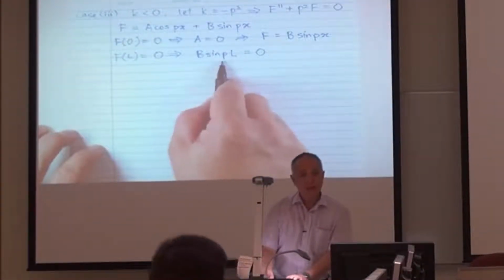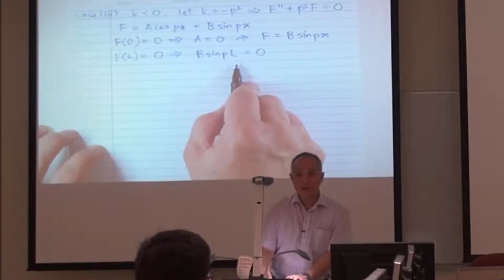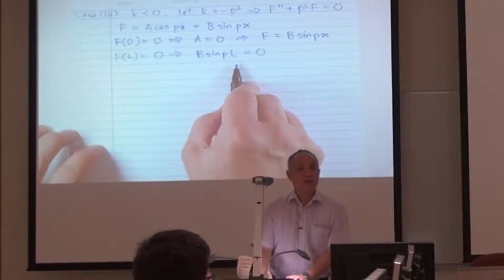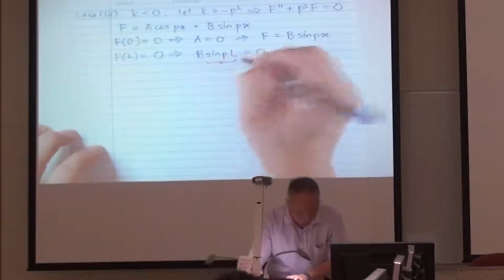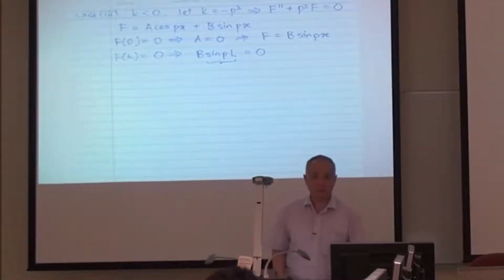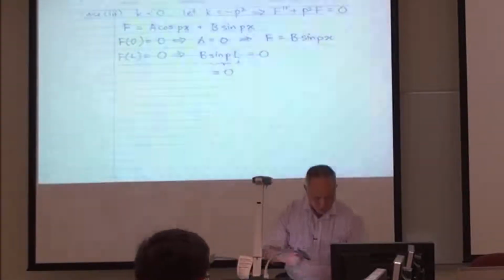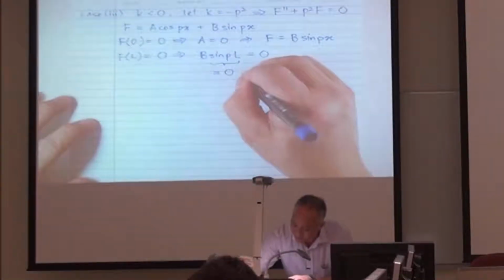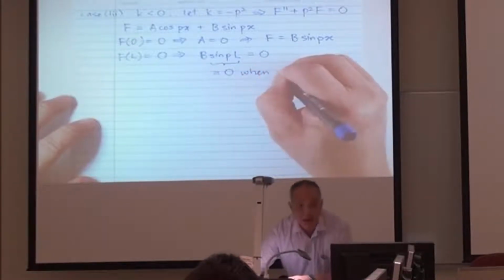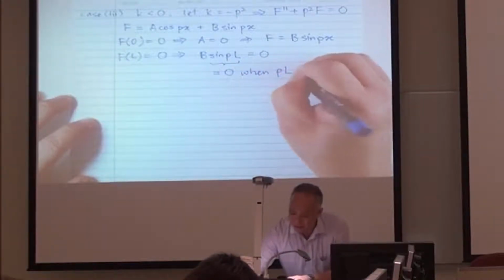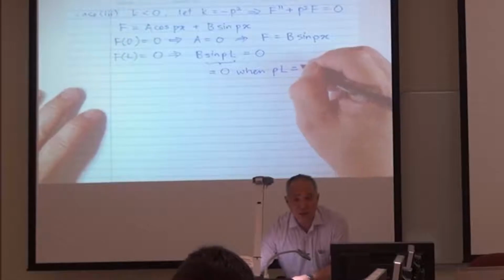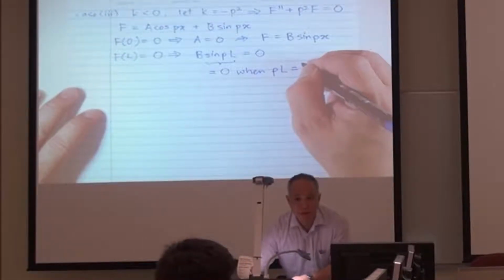Now, can this term sine PL be 0? Luckily for us, there are cases when sine PL is equal to 0. When does that happen? Your sine PL is equal to 0 when PL is some integer multiple of pi.